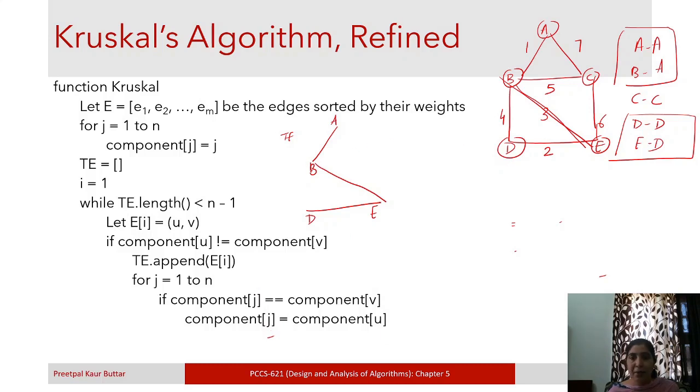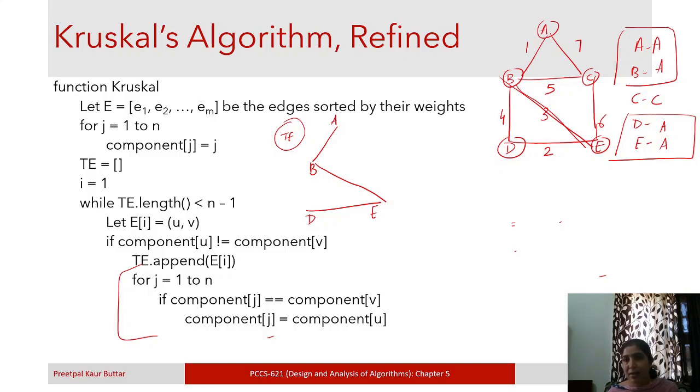So after adding b comma e to this list, that is spanning tree te, we will update the components. So this for loop will be executed and all the components will be updated. Okay, so if you try to execute, you will see that now all these will belong to component a. Okay, so this is how this will be done.